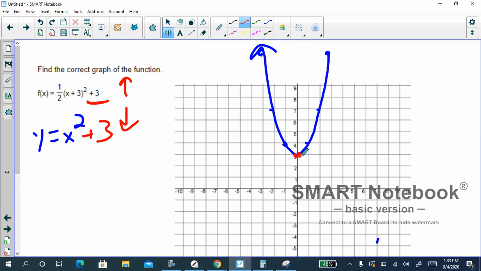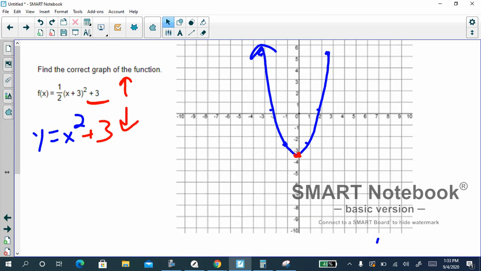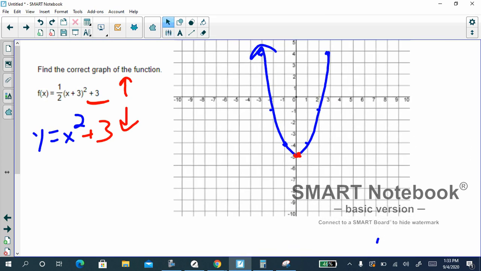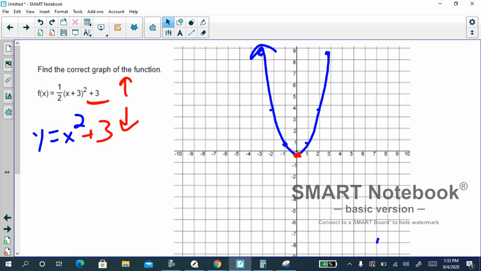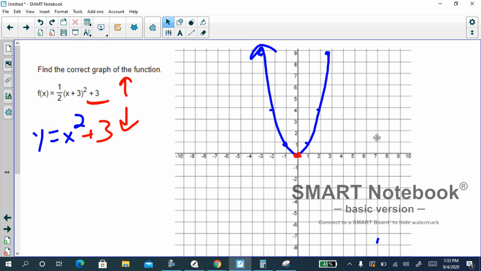If we had minus 5, then our parabola would be the same shape, except it would go down 5 units. So whatever that number is that's added or subtracted to the function, that determines how much we go up or down.